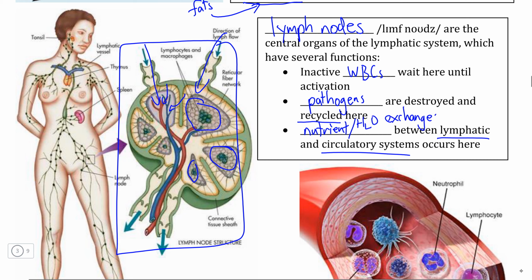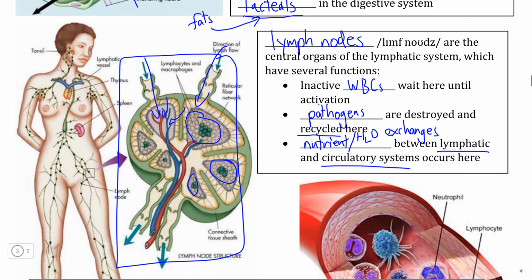So obviously your white blood cells, when they become active and start hunting down pathogens, are going to need a lot of energy, and therefore it's important that all of your lymph nodes have access to the circulatory system, so that the blood that flows in and out can provide nutrients and water to all of the white blood cells in a lymph node, and also take away all of the carbon dioxide and waste that your white blood cells produce.